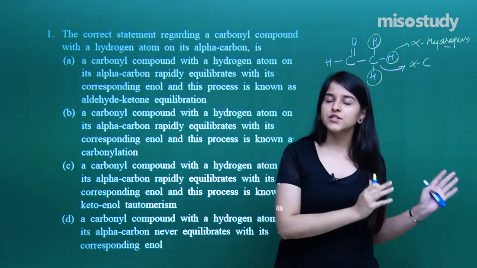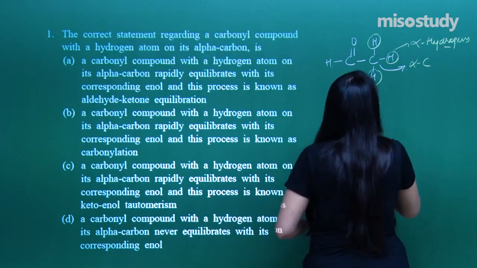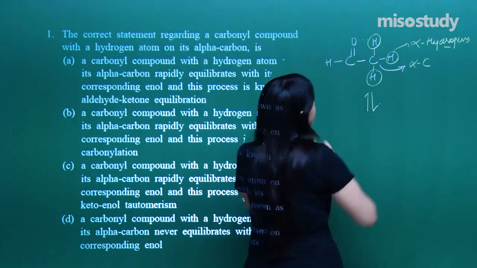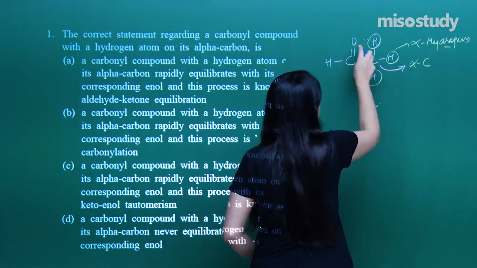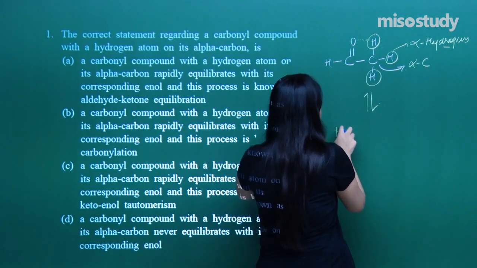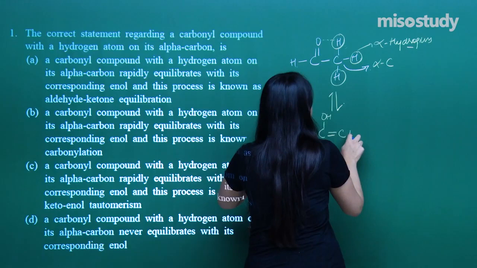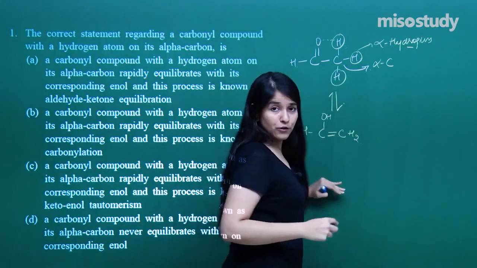So let us first draw the enol form of this. The enol would be formed by the interaction with this hydrogen over here. I hope you all are able to see that clearly. What do you have over here then? You have got an enol form. So that is how the enol form will look.